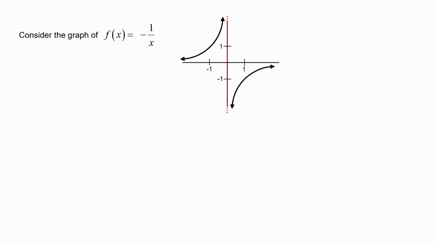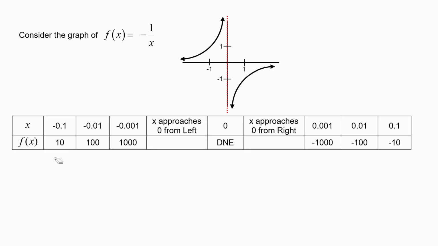Next, we consider the graph of f of x equals negative 1 over x. We know this negative sign just means the graph is going to flip over the x-axis, so it will look like this. As we plug in values for x that come into 0 from the left, we see that the y values get bigger and bigger.